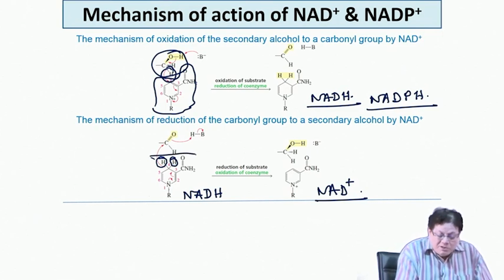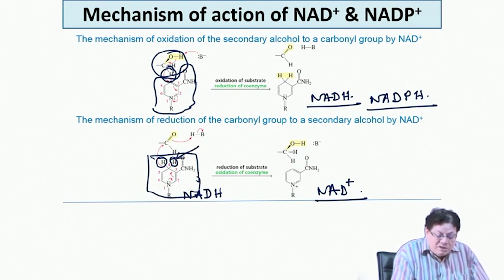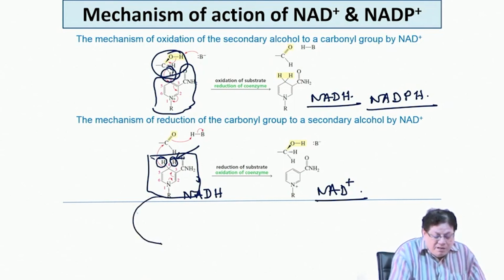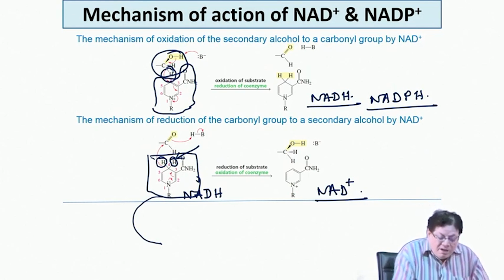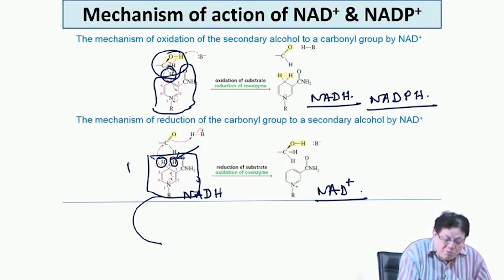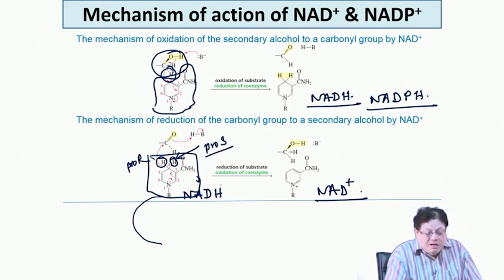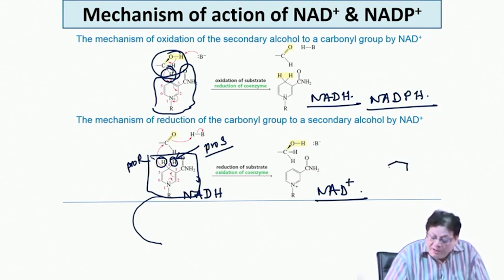But truly speaking, they are not enantiotopic, because if you have a chiral group here in the form of adenosine and those things, actually these are diastereotopic. But you can assign them as pro R and pro S. That means they are stereochemically different hydrogens.